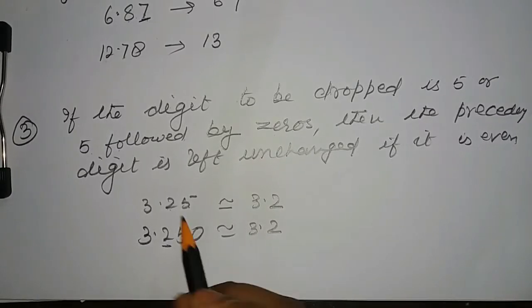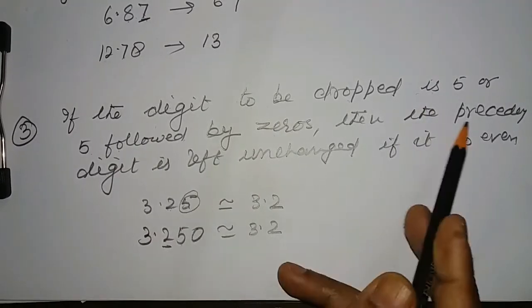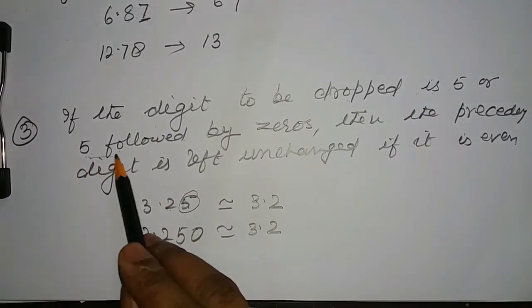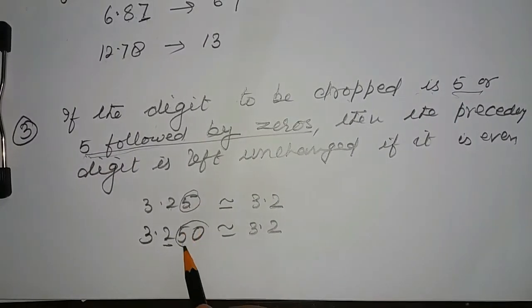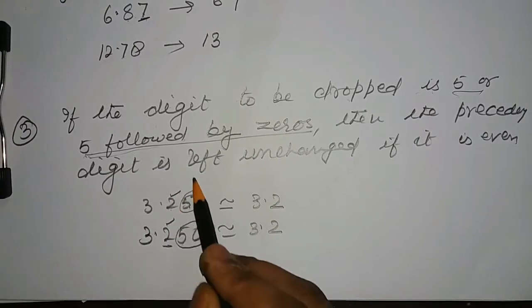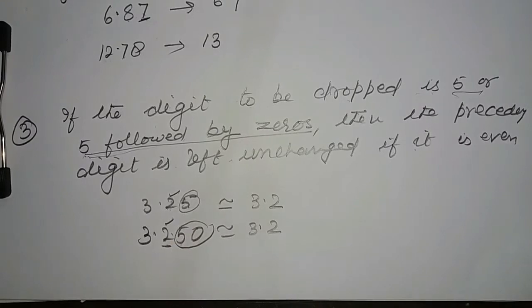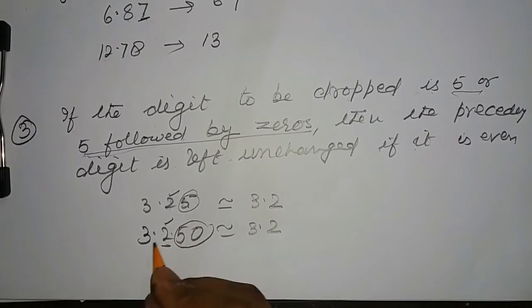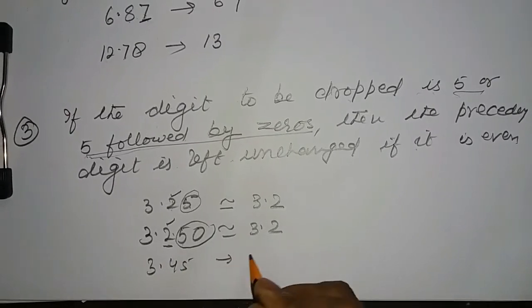If the digit to be dropped is 5 or 5 followed by zeros, then the preceding digit is left unchanged if it is even. Clear? If here it was 4, if it is 3.45, it will be 3.4.